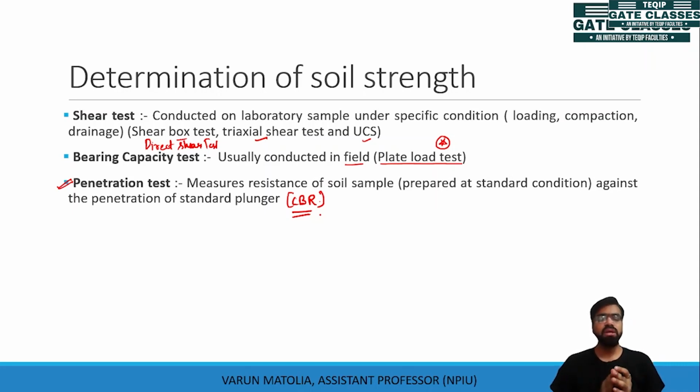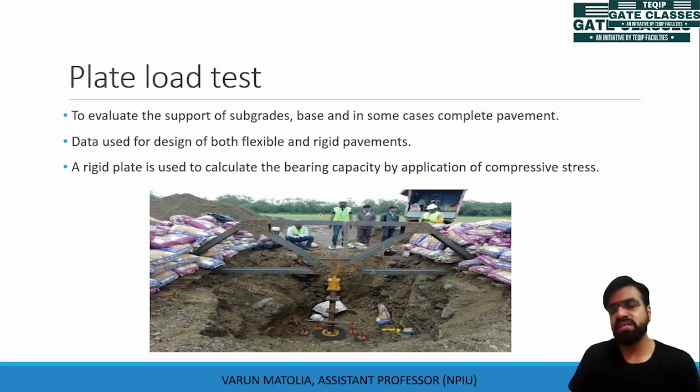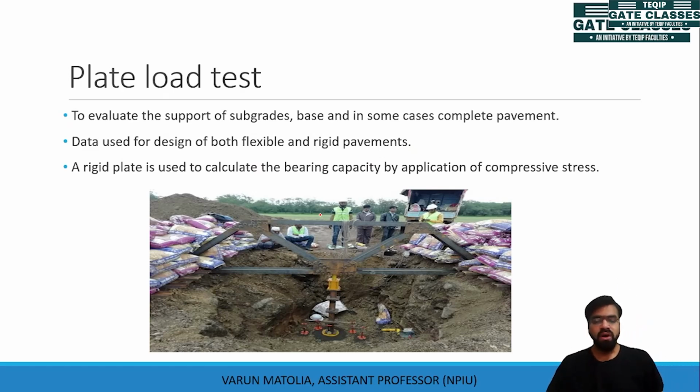Our codes use CBR value to design flexible pavement. So let us see these two important tests: one is plate load test and the other is CBR test. Let us see how these are done and what are the specifications which we use for conducting these tests.